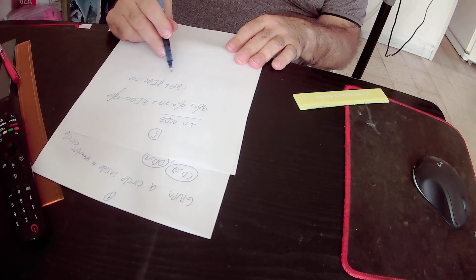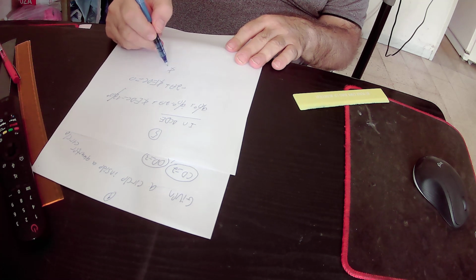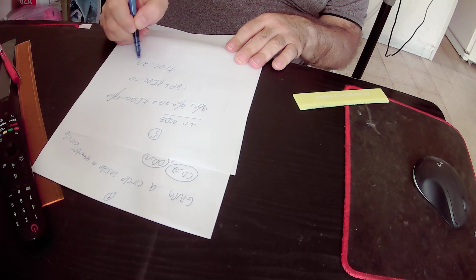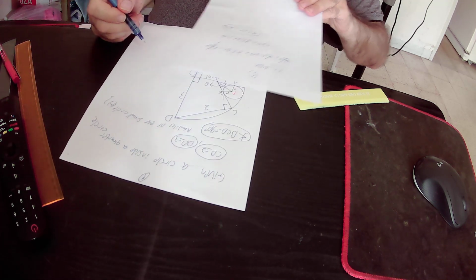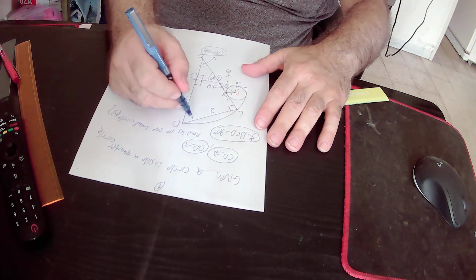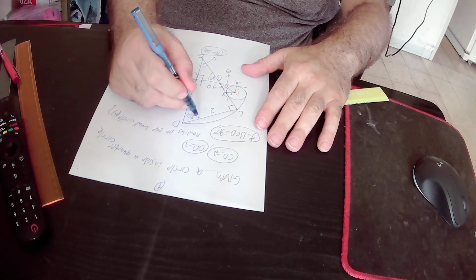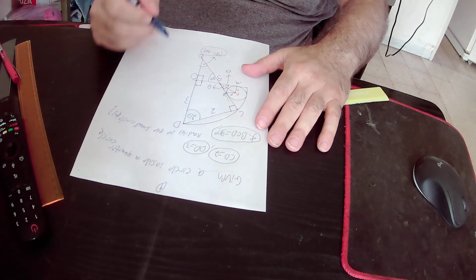Here we add 2 theta to this equality, and we get that angle EDC equals 2 theta. Okay, angle EDC equals 2 theta. So angle EDC, this angle, equals 2 theta.